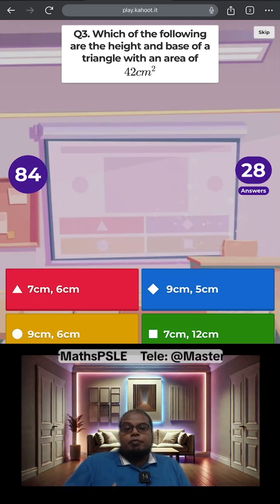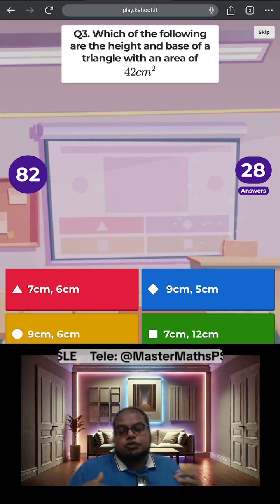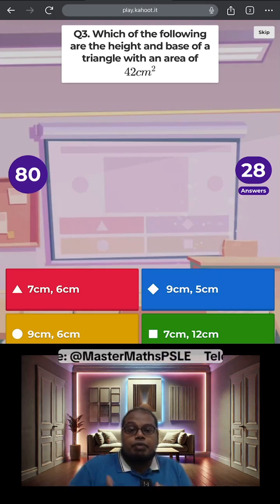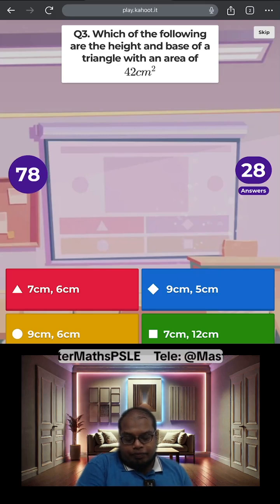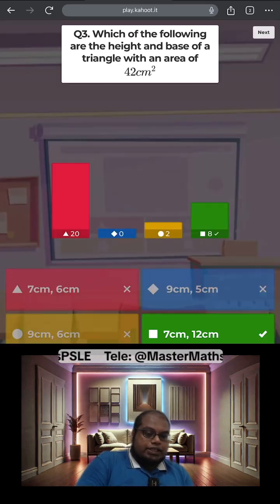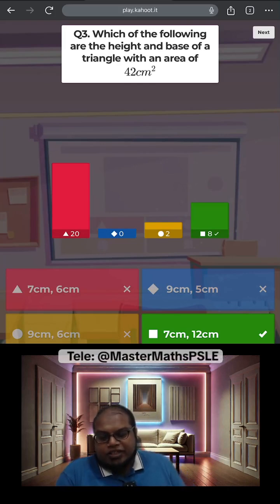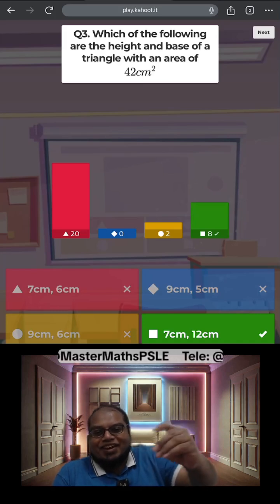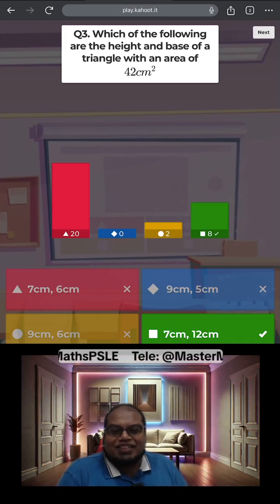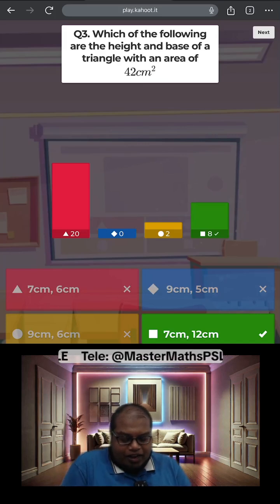Because remember, when you calculate area of triangle, you need half times base times height. Correct? So which numbers here is suitable as the base and the height? Oh no. Oh yeah, correct. Because I was thinking why I selected 8 as the right answer or something like that. No, yeah, correct.